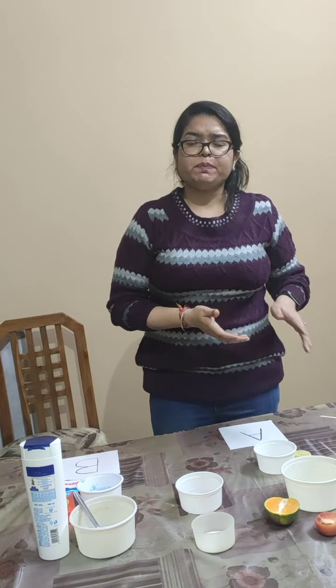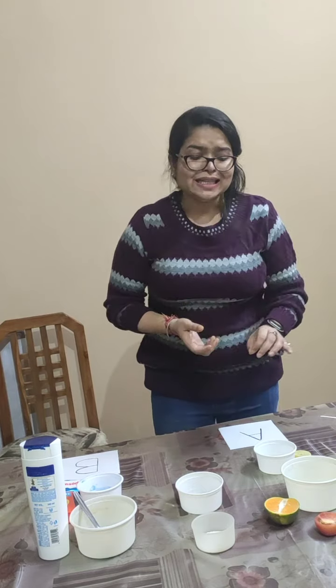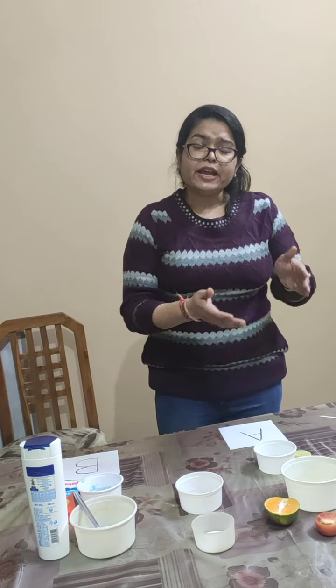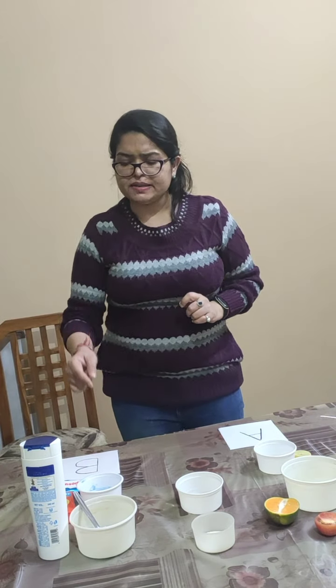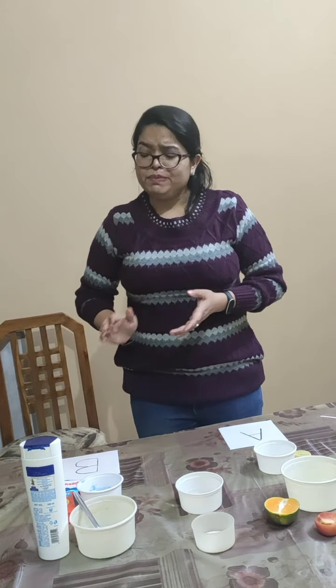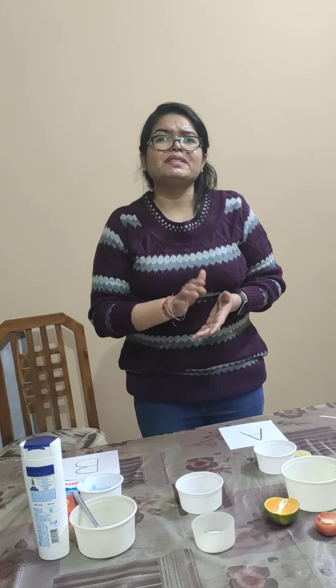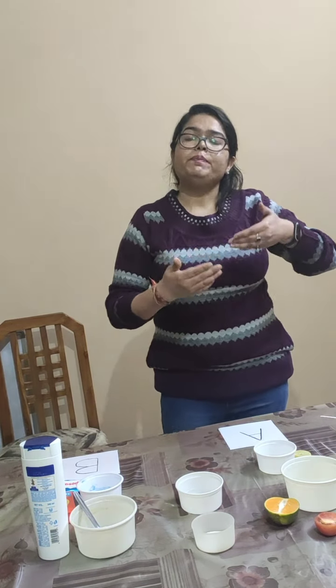When I insert this red litmus paper in group A substances, there is no change of color, they retain their color. But when I insert this pink or red litmus paper in the group B substances, the pink color changes into blue.